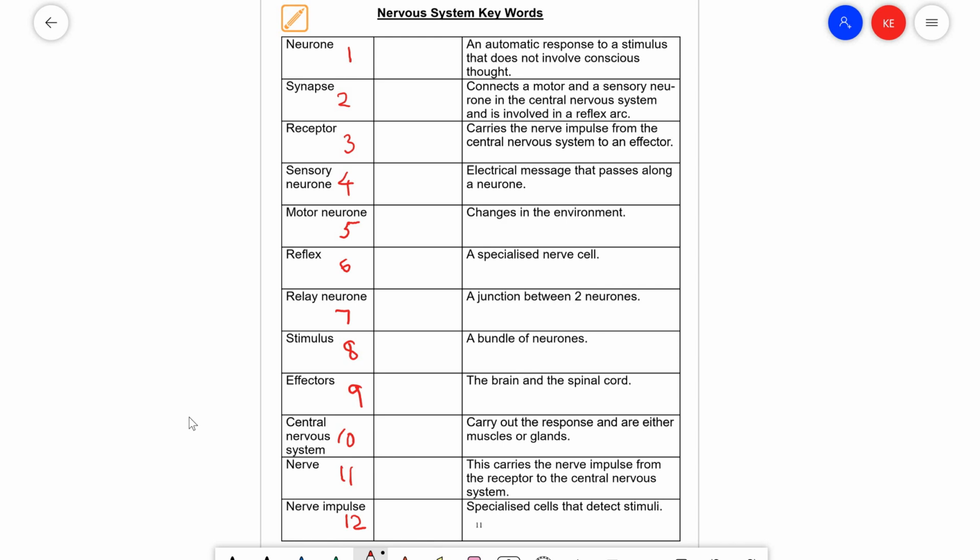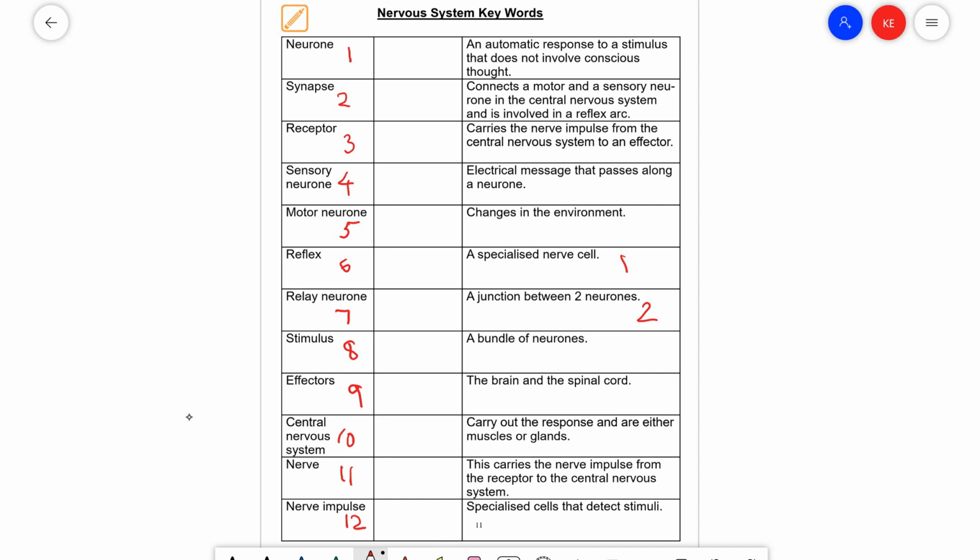So number 1, neuron, you should have that matched up with a specialised nerve cell. So a neuron is a specialised nerve cell. Number 2, synapse is a junction between 2 neurons or 2 nerve cells. So if you remember from the first lesson, when an impulse gets to the end of one nerve cell, there is a gap then before the next nerve cell which the electrical impulse is not able to pass over.